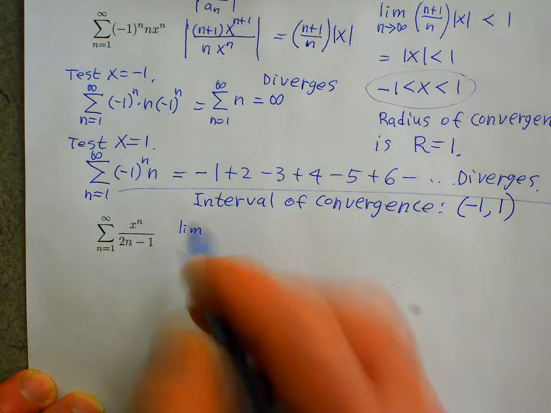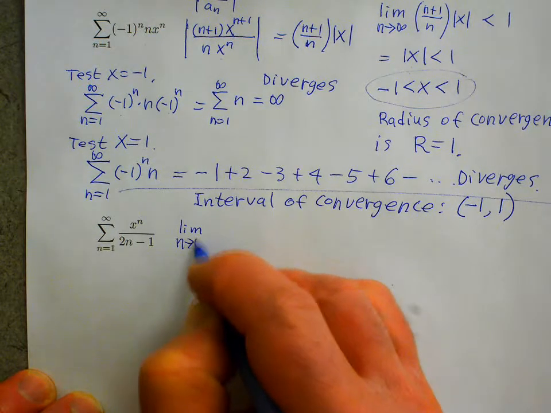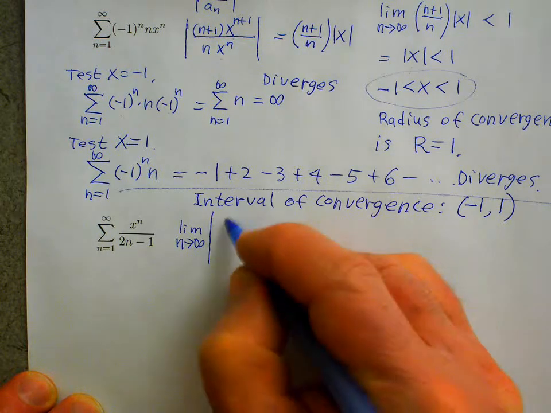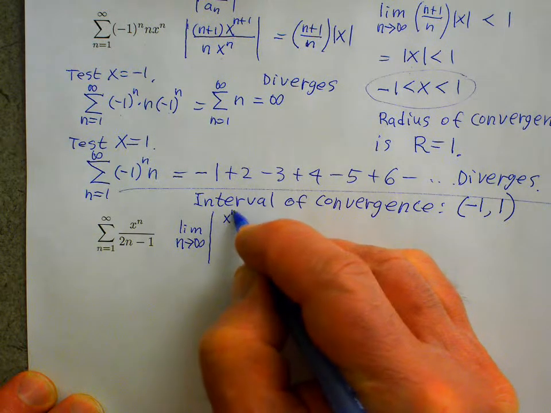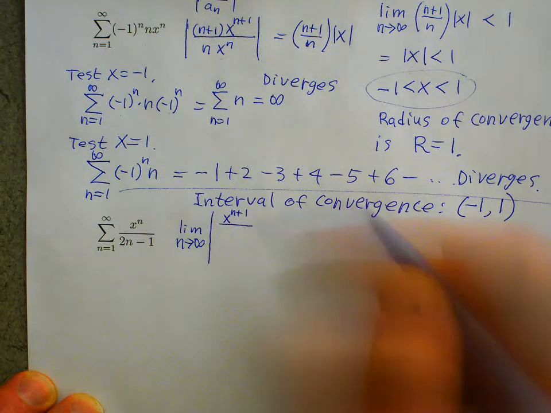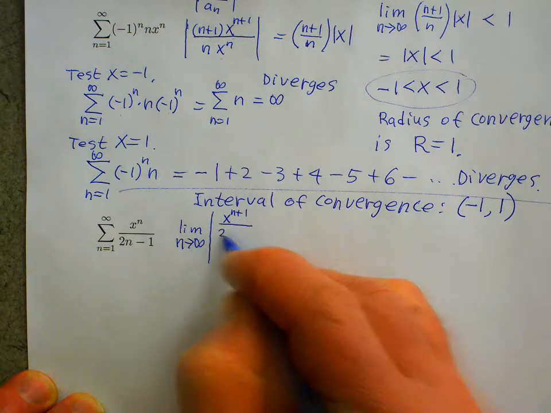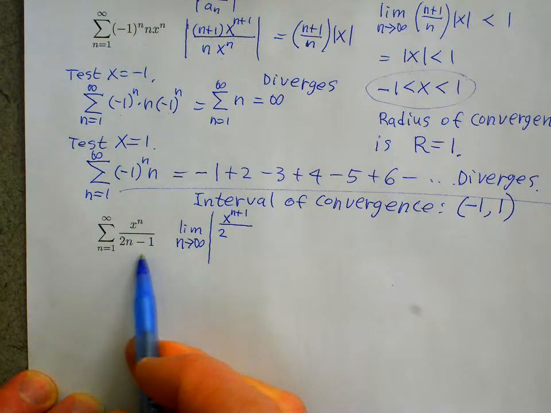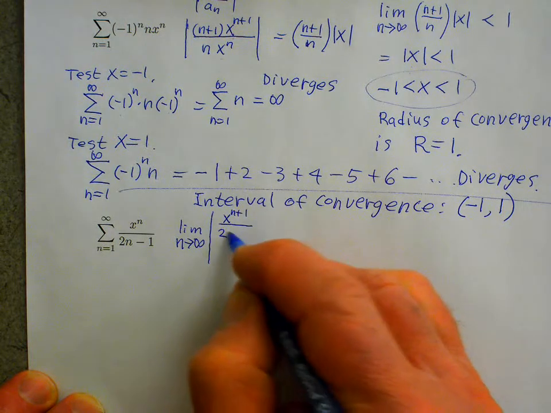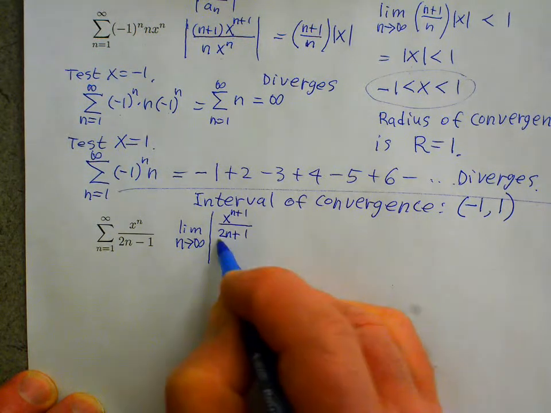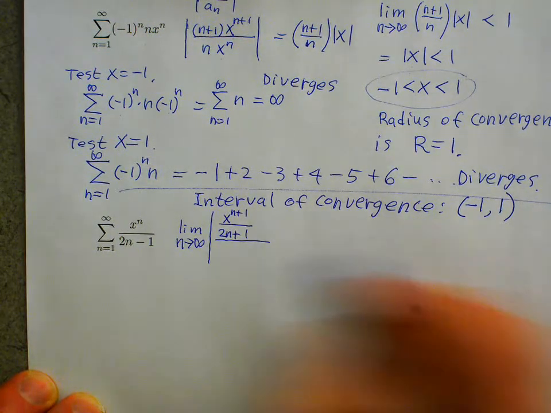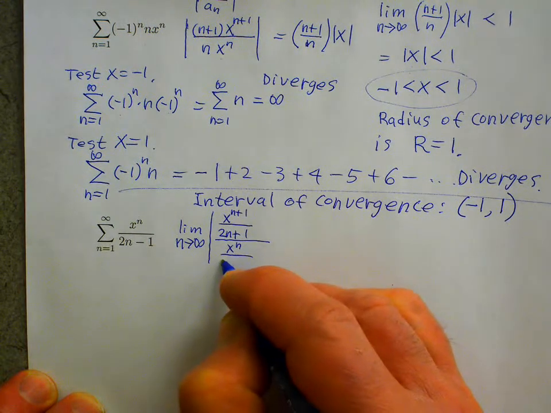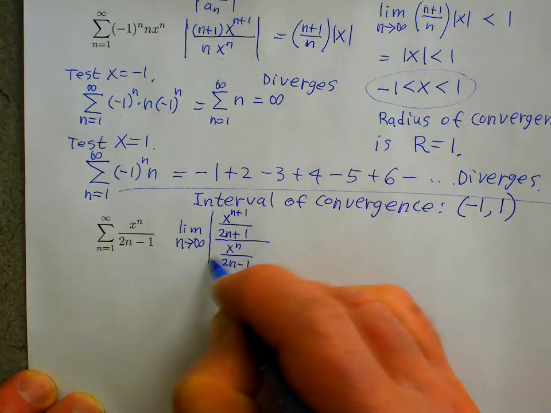The limit as n approaches infinity of the ratio. So we have x to the n plus 1 over 2 times the quantity n plus 1 minus 1, which is just 2n plus 1 when we simplify, and then divided by x to the n over 2n minus 1.